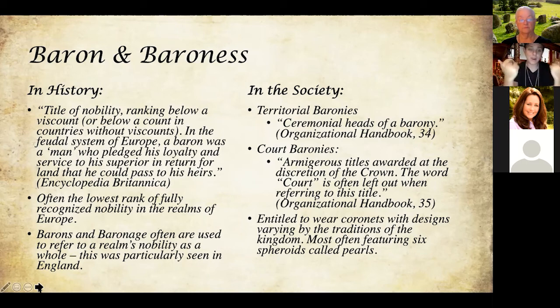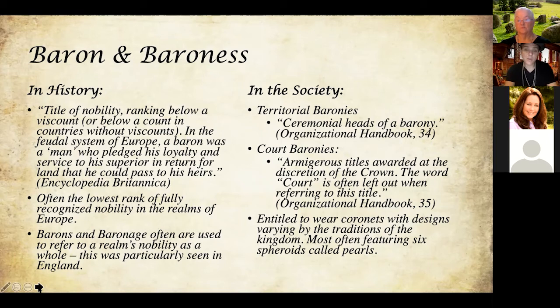Oftentimes the terms baron and baronage were used to refer to all of the ranks of nobility, because whether you were a viscount, a marquis, an earl, or a duke, you were also seen as a member of the collective baronage, because every person who held the direct fief of the monarch was considered a baron in the wider sense, whereas those who were just barons were at the lowest end, but all higher ranks were, in the wider sense, considered barons as well.